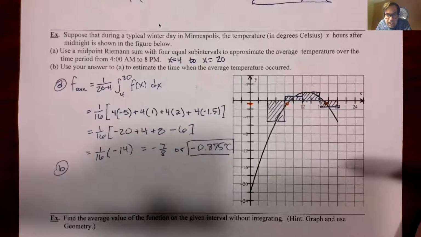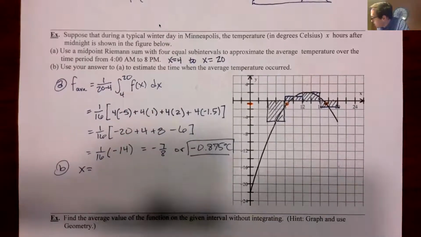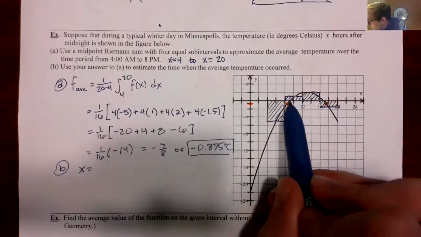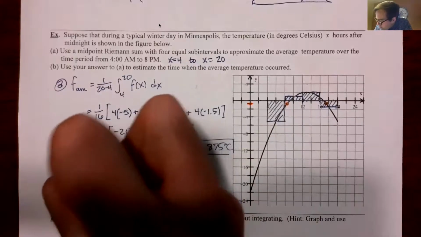So let's just kind of guess what these x values might be. So let's see. 8, 9, 10. It looks like it's halfway between 8 and 9. So maybe it's like 8.5.